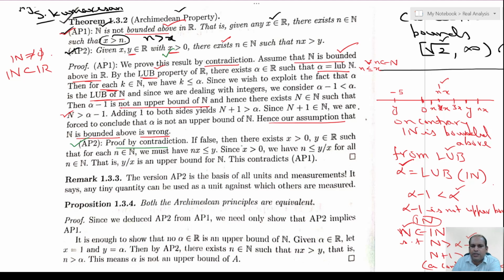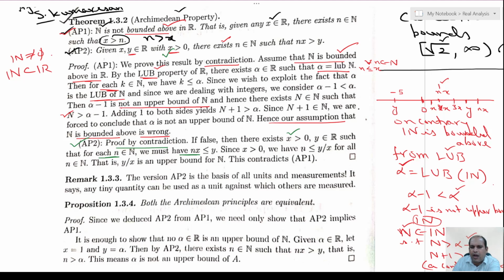So, that is written here: because we are assuming the opposite, if false, then there exists x greater than 0 and y belonging to R, such that for each n we have nx less than or equal to y. Here I can divide by x, because x is non-zero, x is clearly greater than 0.